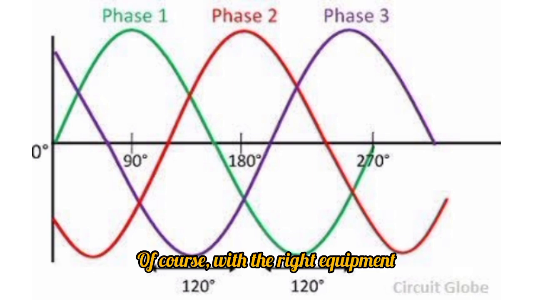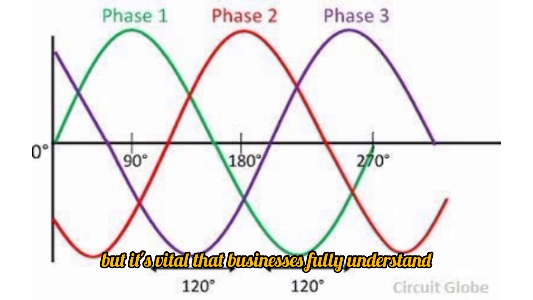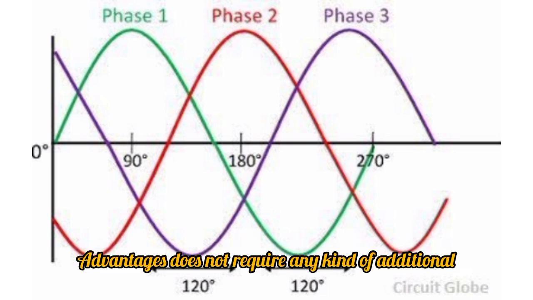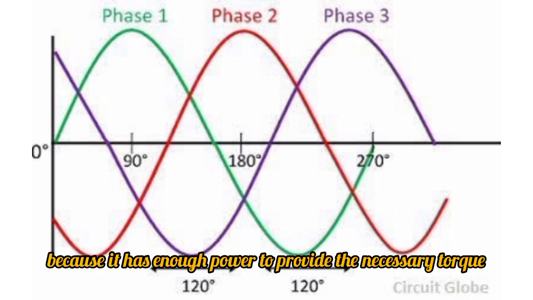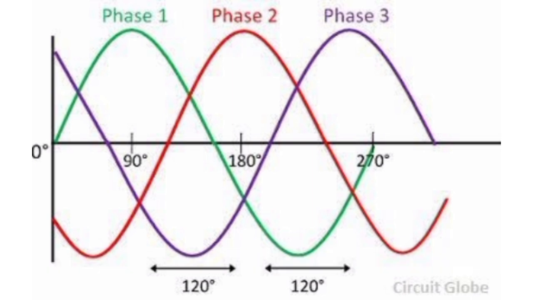Of course, with the right equipment and the right staff on your side, it can work perfectly, but it's vital that businesses fully understand what they're dealing with before they begin. Advantages: it does not require any kind of additional starters to run heavy industrial motors because it has enough power to provide the necessary torque. Large machinery runs effectively.